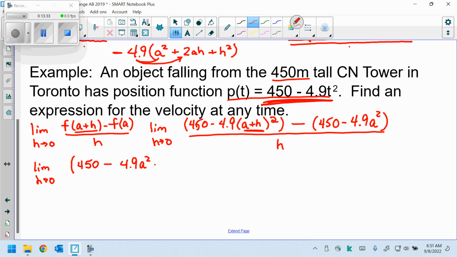I will also be subtracting 9.8 a. I will also be subtracting 4.9 h squared.